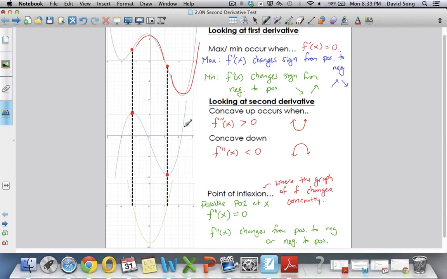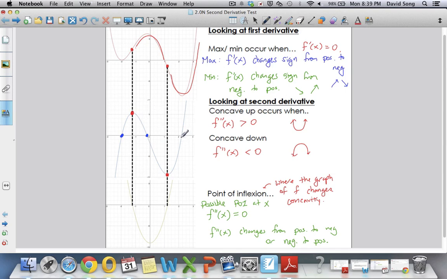So this f prime can tell you a lot about the original graph. Without even looking at the original graph, I know this is going to be a local min, because at this point f prime is 0, and here it is negative and positive, going down and up. Here I know you're going to have a local max because f prime is 0 and f prime changes from positive to negative, so the graph went up and down.